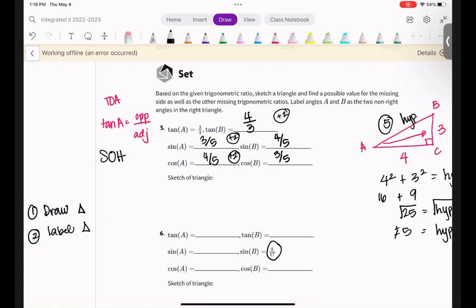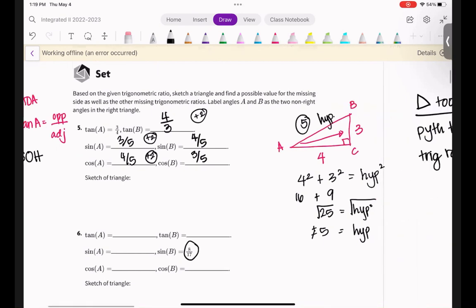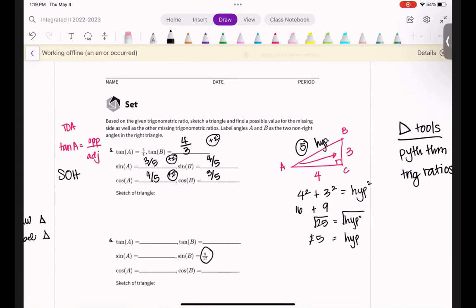Very good. Someone just told me that for the next triangle, we're missing one of the sides, and they mentioned which side we're missing. Exactly. And then from here, we either use the Pythagorean theorem or the trig ratio to find the rest of the information.